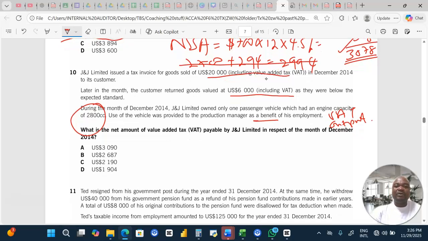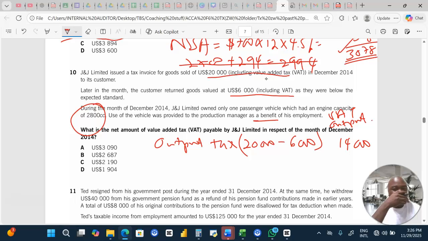So first of all, let's compute the ordinary output tax from sales. We have got 20,000 inclusive of VAT minus the sales return inclusive of VAT, and we get 14,000. Is that the output tax? Because it's not the output tax so far.